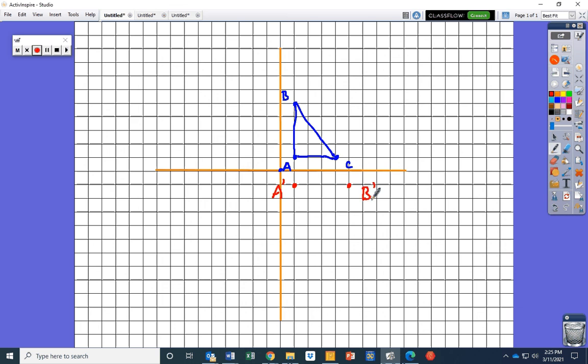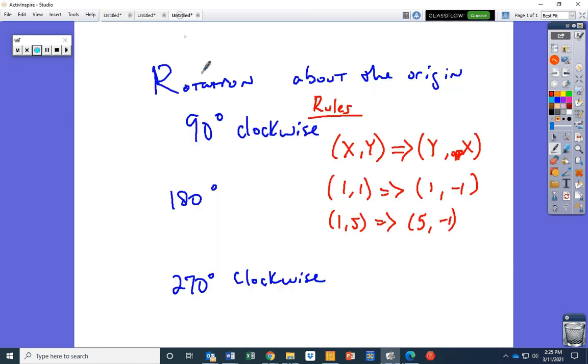That's going to be my B prime. Then let's look at C, which is at (4, 1). I'm going to flip them, so 1 goes first, but this 4 is opposite. What's the opposite of 4?